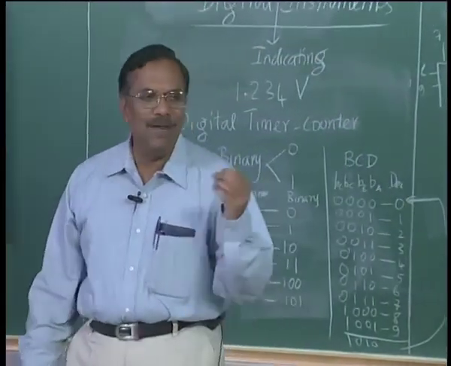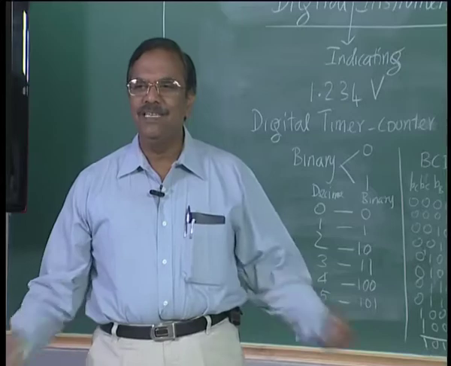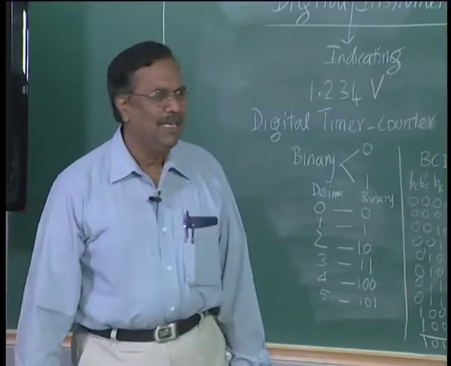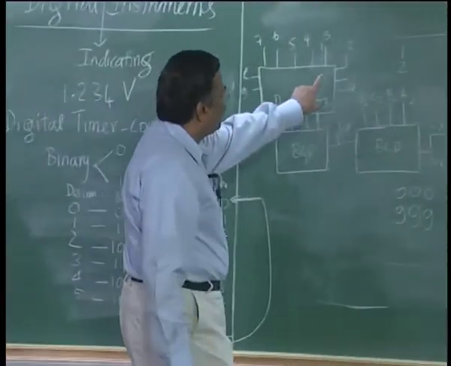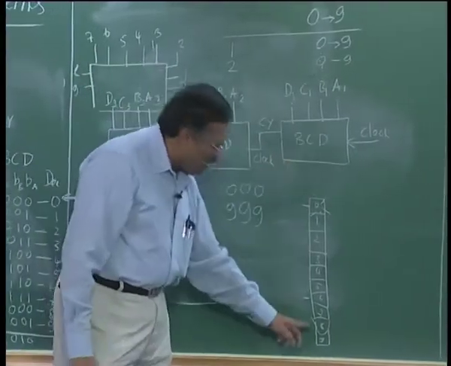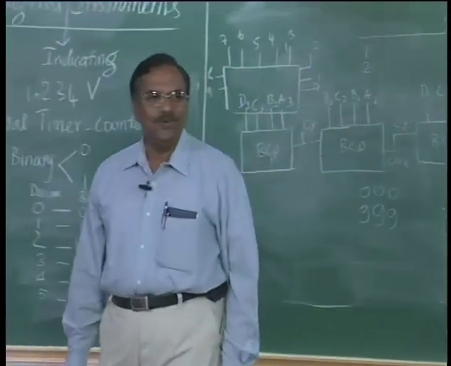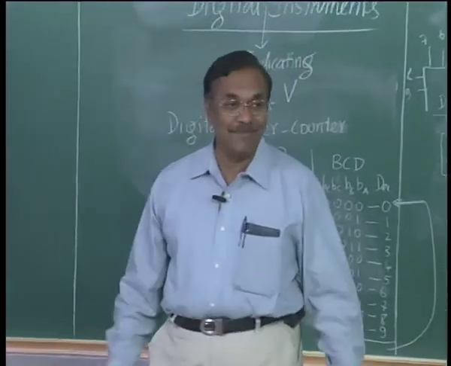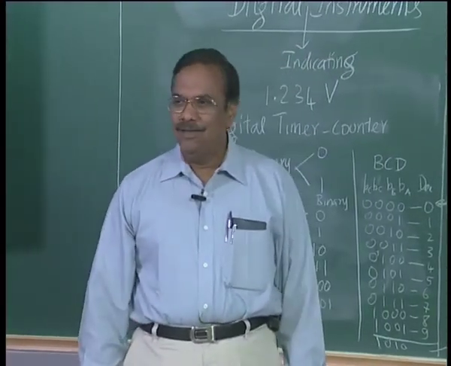Just put a bulb at the back and then the 0 glows. If my 1 output is there, 1 glows. So, this way we can display 0 to 9. This was the first digital display that was made, okay, long back.